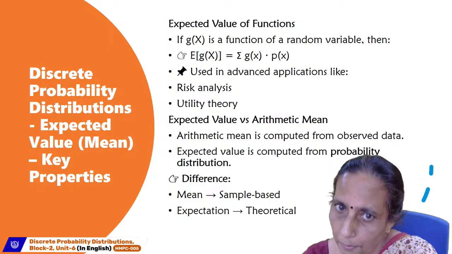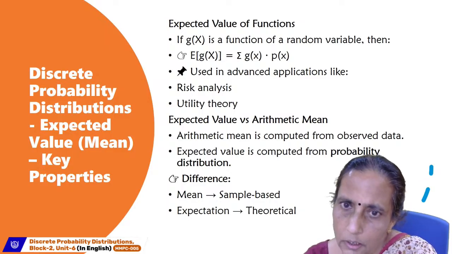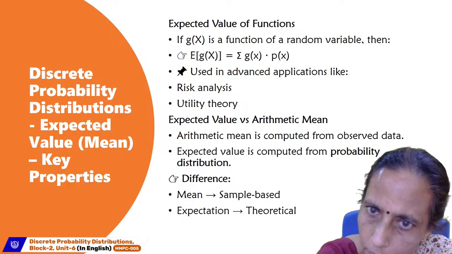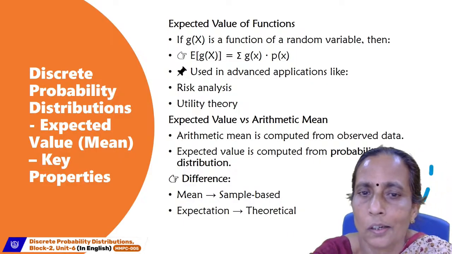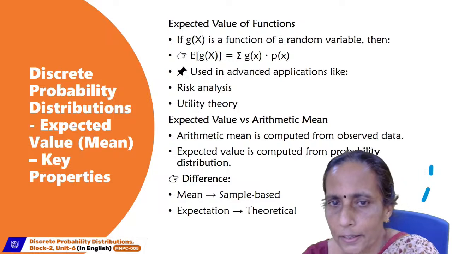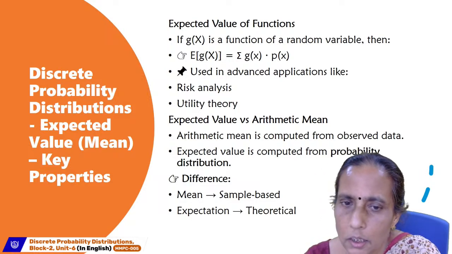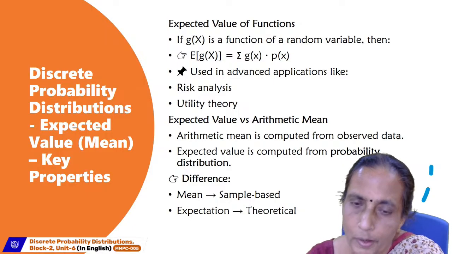Expected value of a function: suppose x is a random variable and g of x is a function, then expectation of g of x is the sum over the several values of x of g of x times its probability. This is used in advanced applications like risk analysis and utility theory.